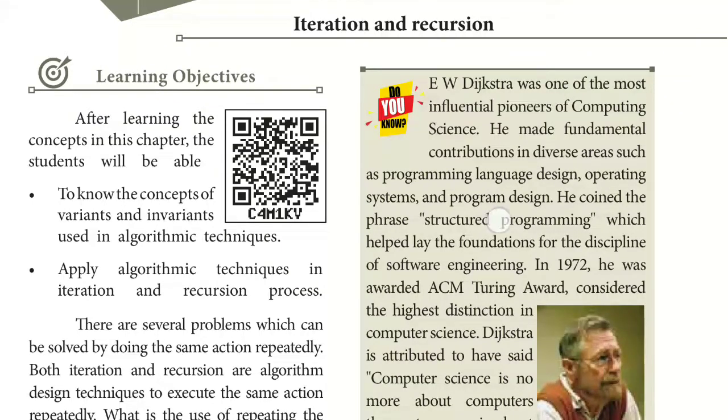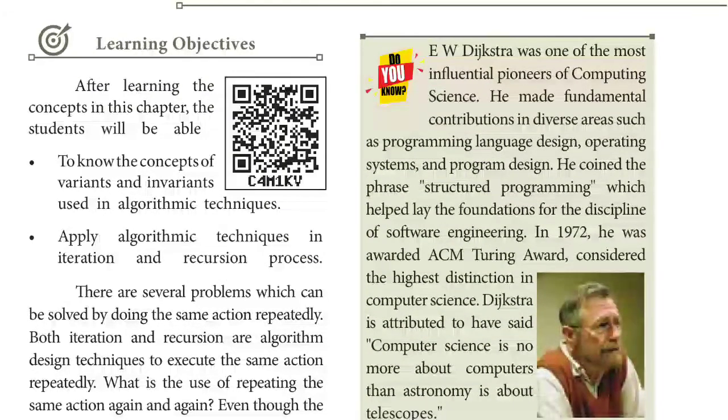Here you can see that the person who invented this looping concept is E.W. Dijkstra. Not only in this chapter but in the computer field itself he has given so many algorithms to solve so many problems, and his algorithms are still in use in so many fields.